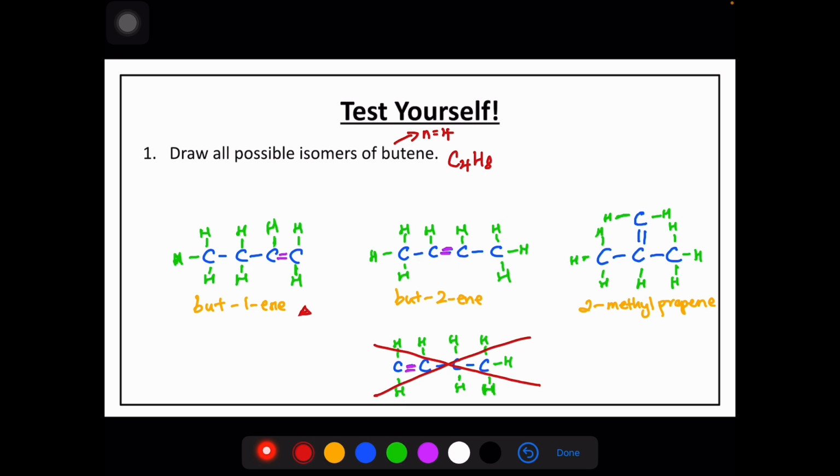Because these two are actually the same. It's just a way that you rotate the molecule, right? So I know this part is a bit hard to visualize. When we go back to class, the teachers will be using some models to help you understand how to look at these two drawings in particular. But for the case of butene, there are actually only these 3 possible isomers. Just to highlight again, the last one that I drew, that I crossed out in red, is not considered another isomer because it's the same thing as the very first one on the left.